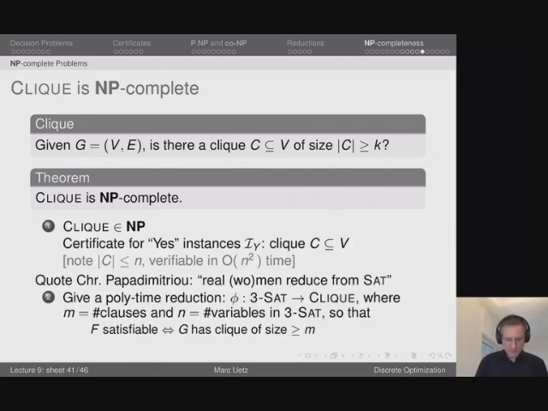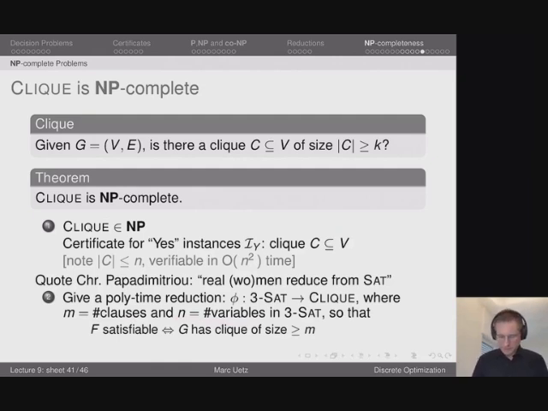What we do is we give a polynomial time reduction from the three satisfiability problem. I'm not sure if that qualifies for this quote from Papadimitriou, and we reduce the three satisfiability problem to the clique problem. Let me fix a little bit of notation. M is the number of clauses in the three satisfiability problem, and N is the number of variables.